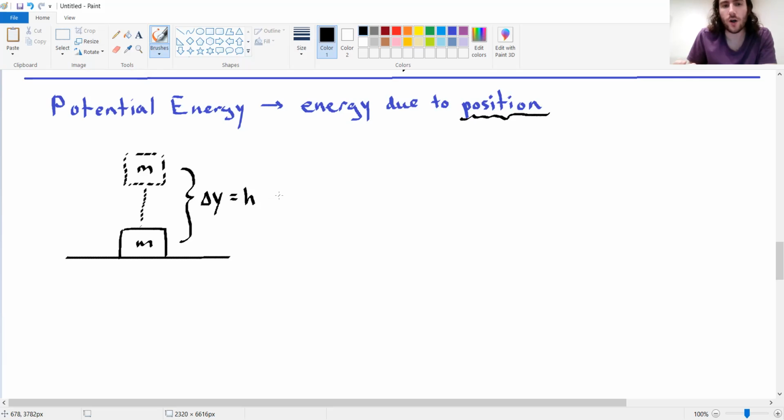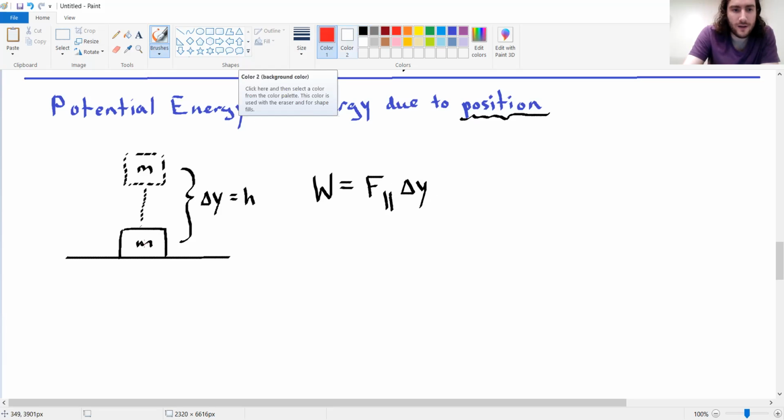Now, how much work would we need to do in order to lift this mass above the surface of the Earth by an amount delta y? Well, we start with the expression that the work is equal to the parallel force times the displacement, and in this case we'll use delta y for the displacement. There is a force of gravity acting on this object.